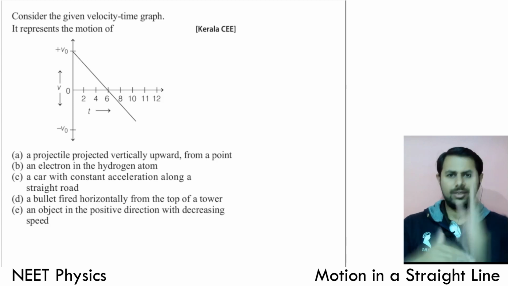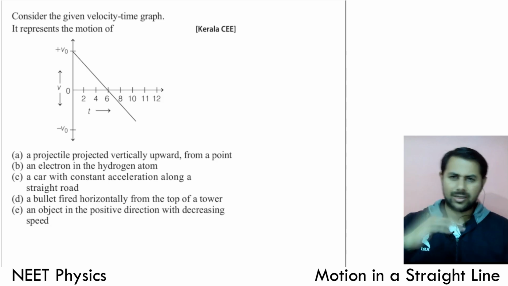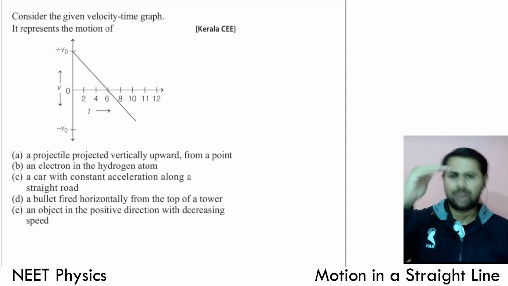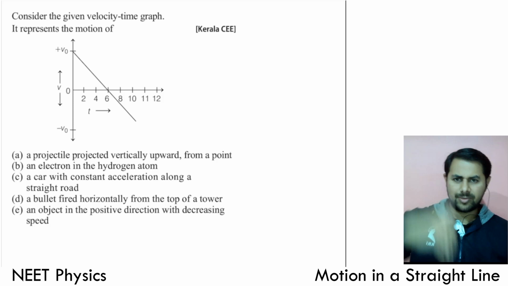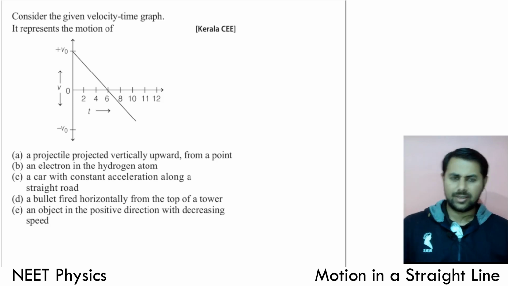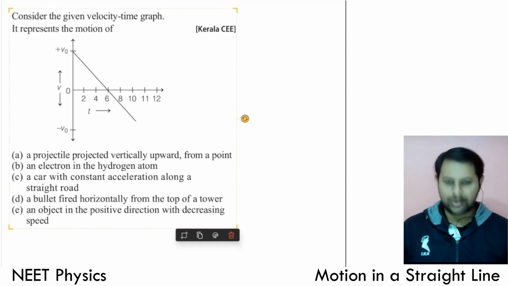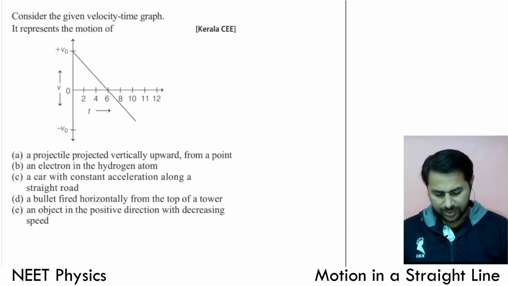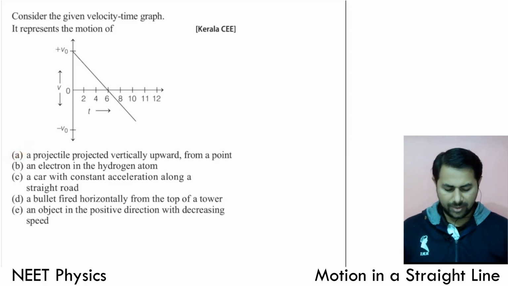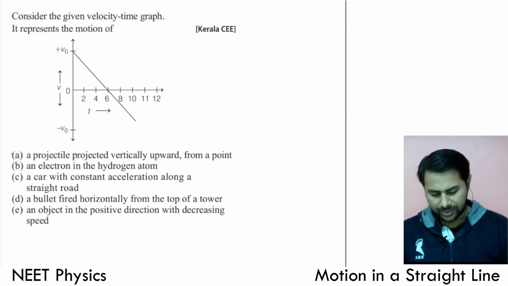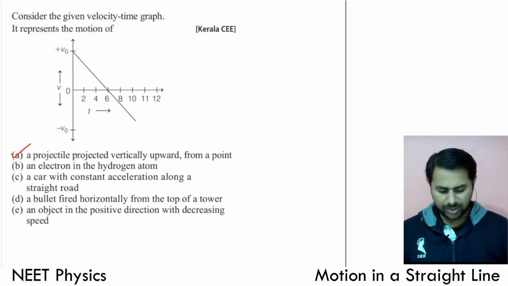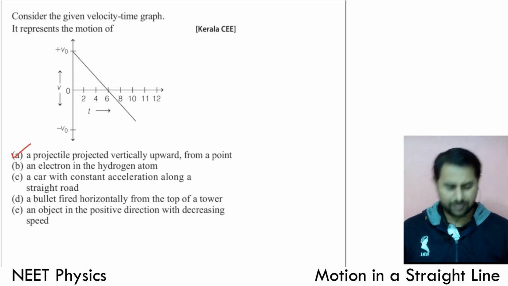If we take this direction as positive, what happens to the velocity? Initially it is maximum, then it goes on decreasing, and it stops at some point. So velocity at that point becomes 0, and again it comes back. So again the velocity increases, but it increases in negative values. So this is correct, right? It's a projectile projected vertically upward from a point. So its velocity versus time graph will look like this.